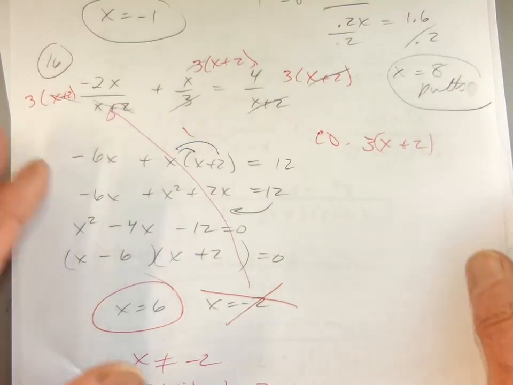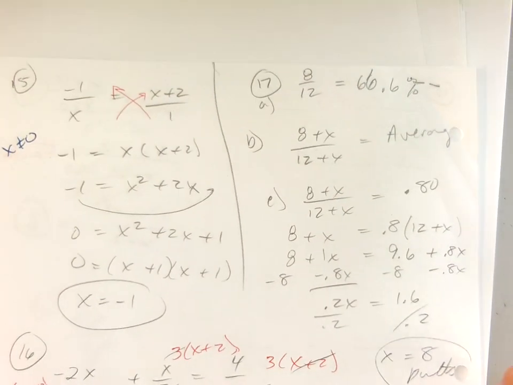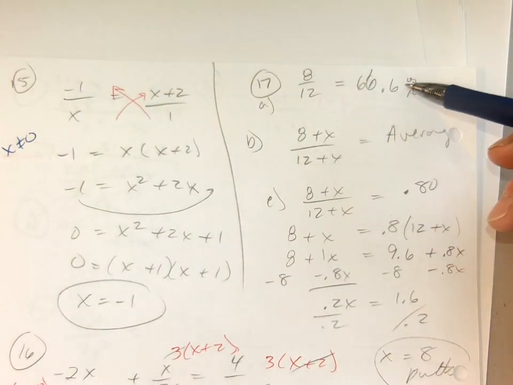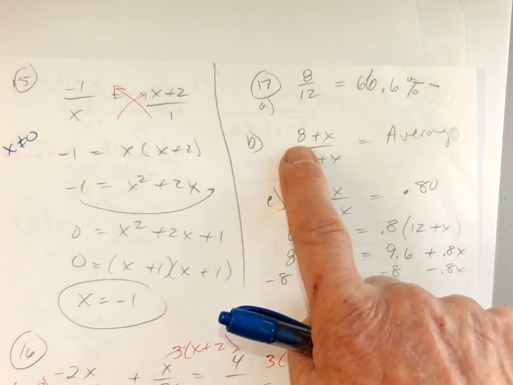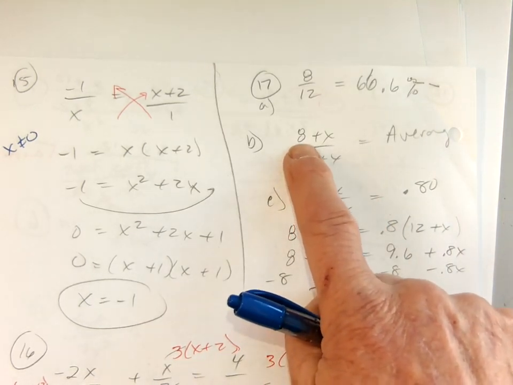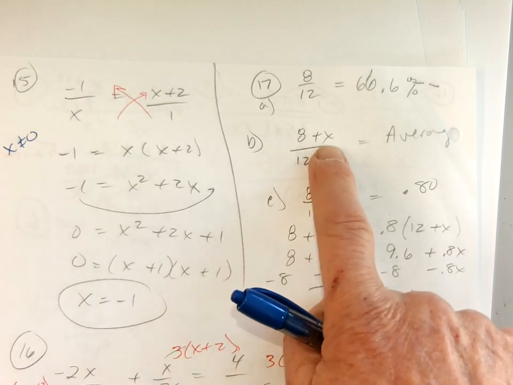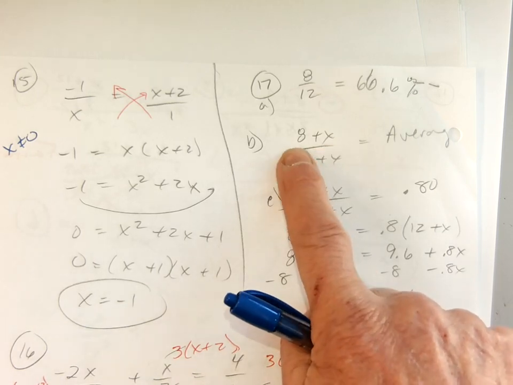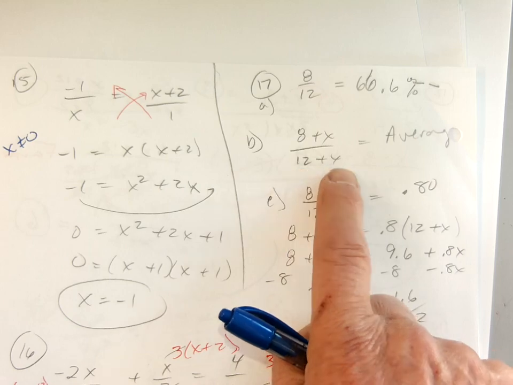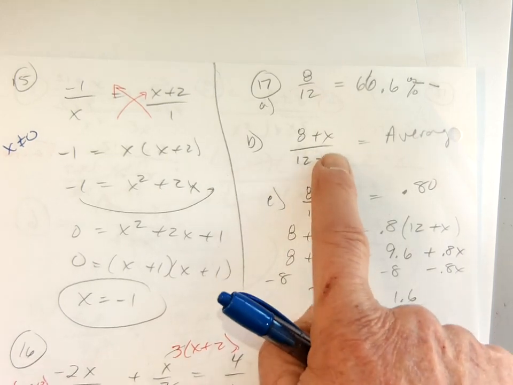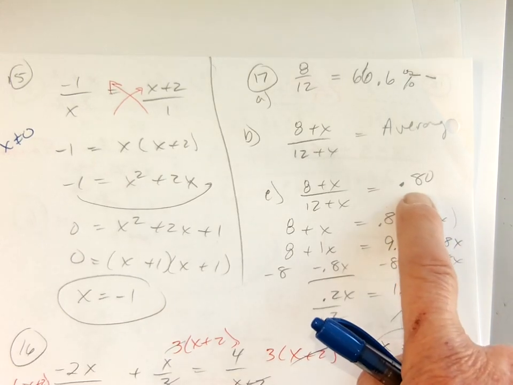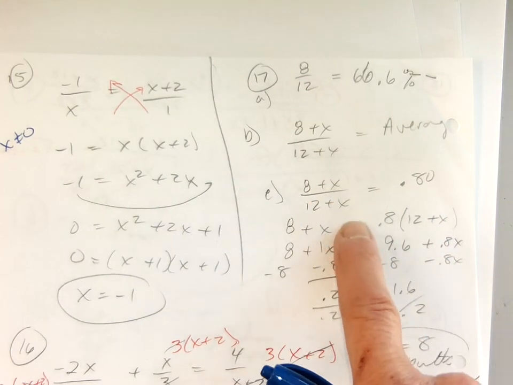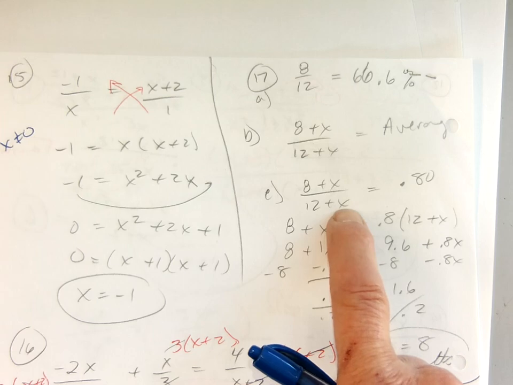Okay. On the putts, she gets 8 out of 12. Correct. That's 66.6%. So to do an average, I continue putting and keep getting them right. So this is assuming she keeps making the putt. 8 plus x over 12 plus x, because it counts for both because it's a putt. And then if she needs an 80% average, she has to make sure that these represent the numbers that she makes consecutively, okay?